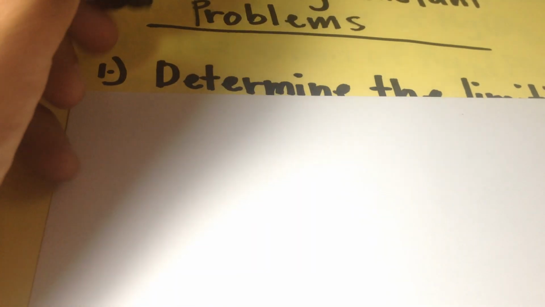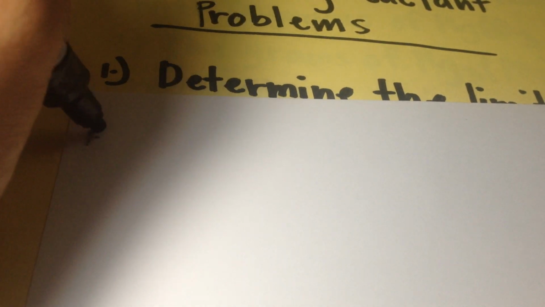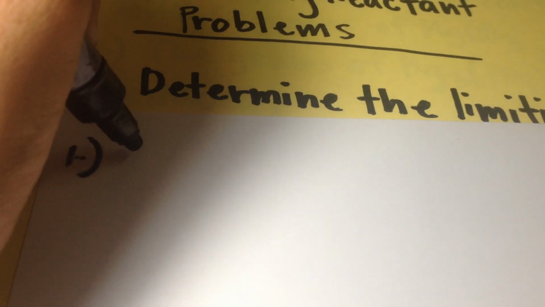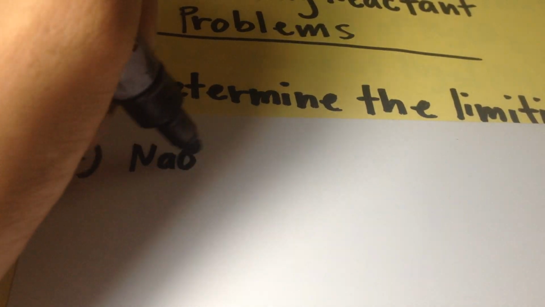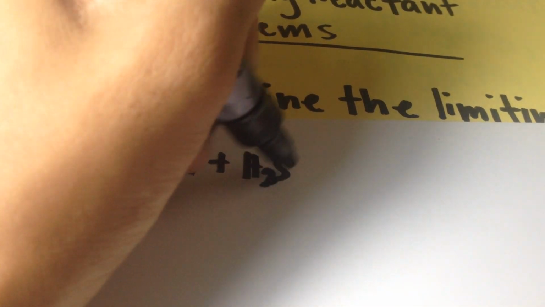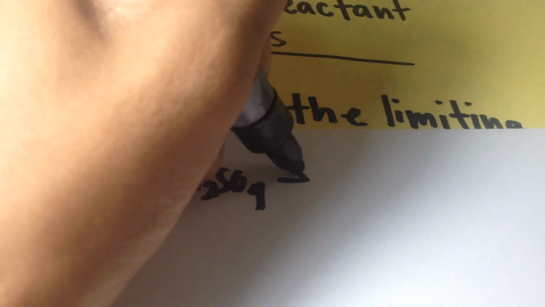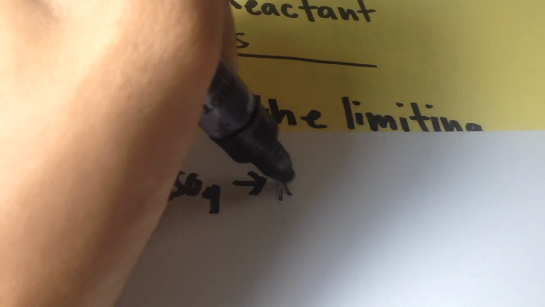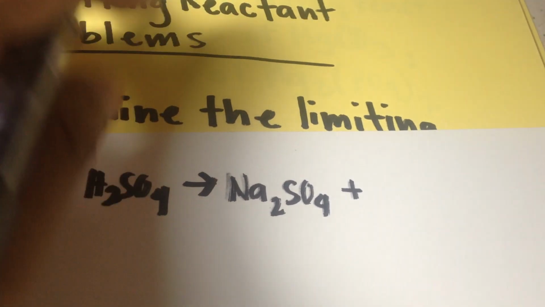So, first step, we need to balance the reaction from problem number 1. Sodium hydroxide plus sulfuric acid reacts to sodium sulfate plus water.